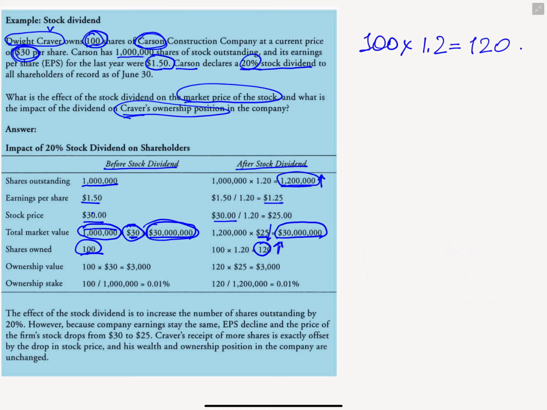Okay, stock price was 30. Price should fall because the goal of stock dividends and stock split is to decrease the price, as we said, decrease the nominal to 10, from $100 to 10. And then the number of shares increased, but the stock price should fall to keep the total market value the same.